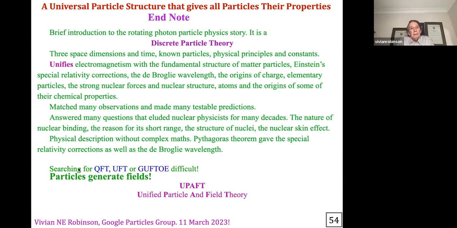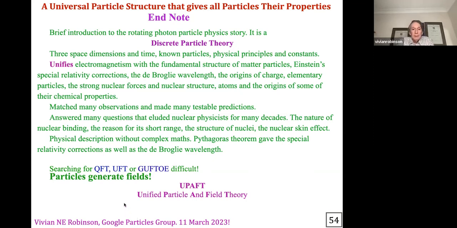People have been searching using field theories, and some suggest that particles are just manifestations in a field. I respectfully suggest that particles generate the fields, but the search for quantum field theory, unified field theory, a grand unified theory of everything has been difficult, and progress has been slow, if it can be called progress.